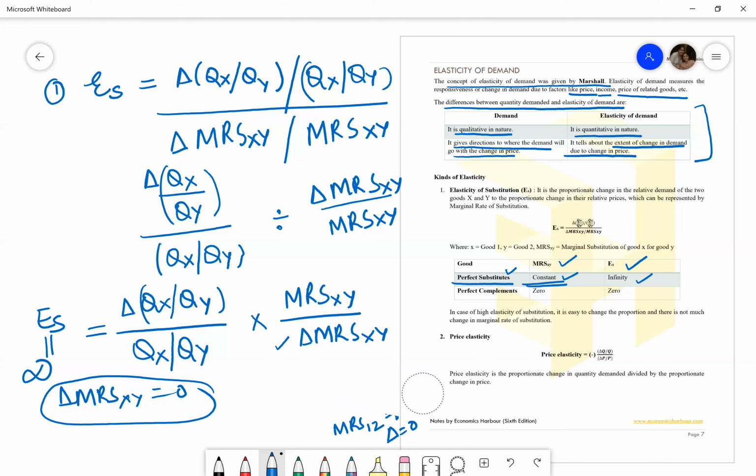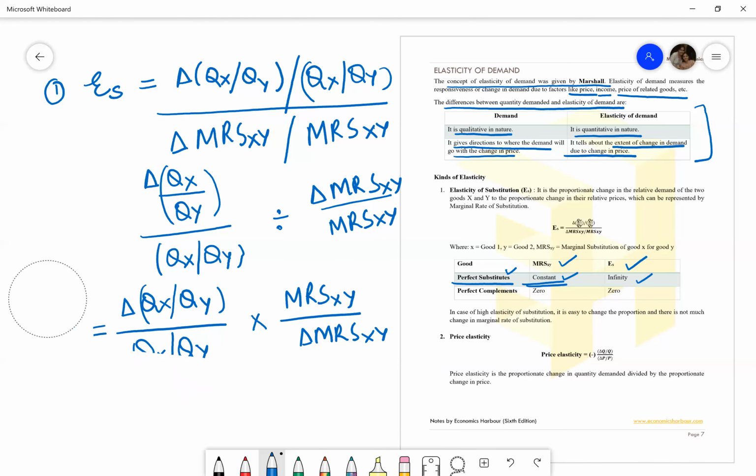But what happens in the case of perfect complements? Because they are consumed together, the MRS xy becomes 0.